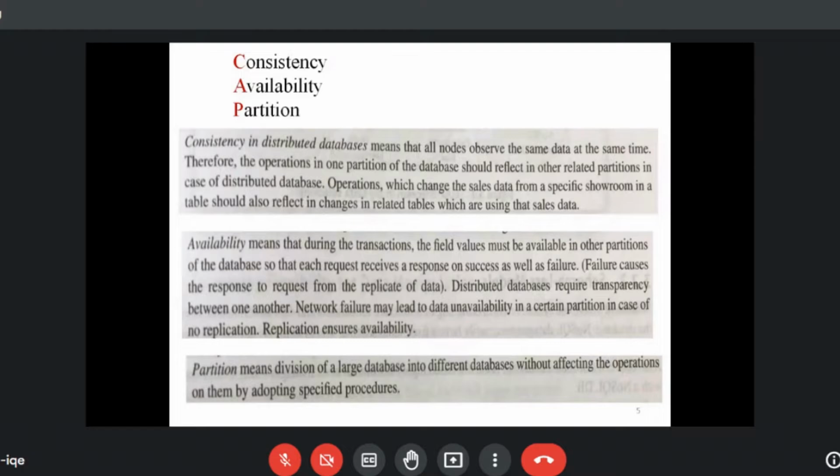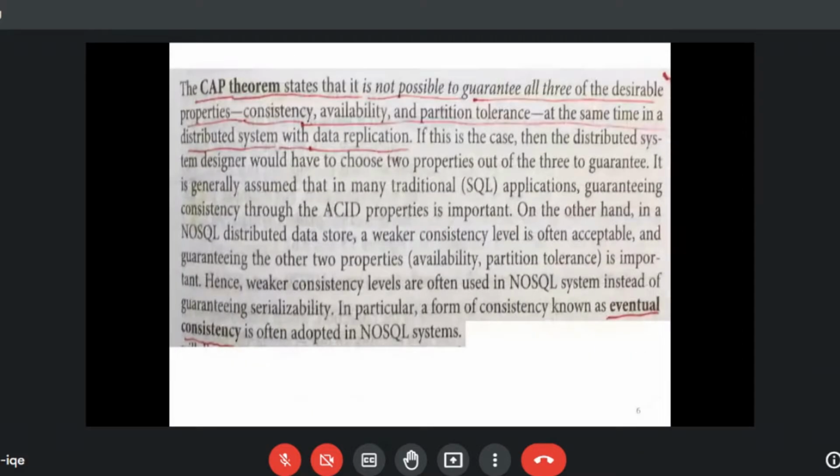Distributed databases require transparency between one another. Network failure may lead to data unavailability in a certain partition in case of no replication. Replication ensures the availability. Partition means division of a large database into different databases without affecting the operations on them by adopting specified procedures.